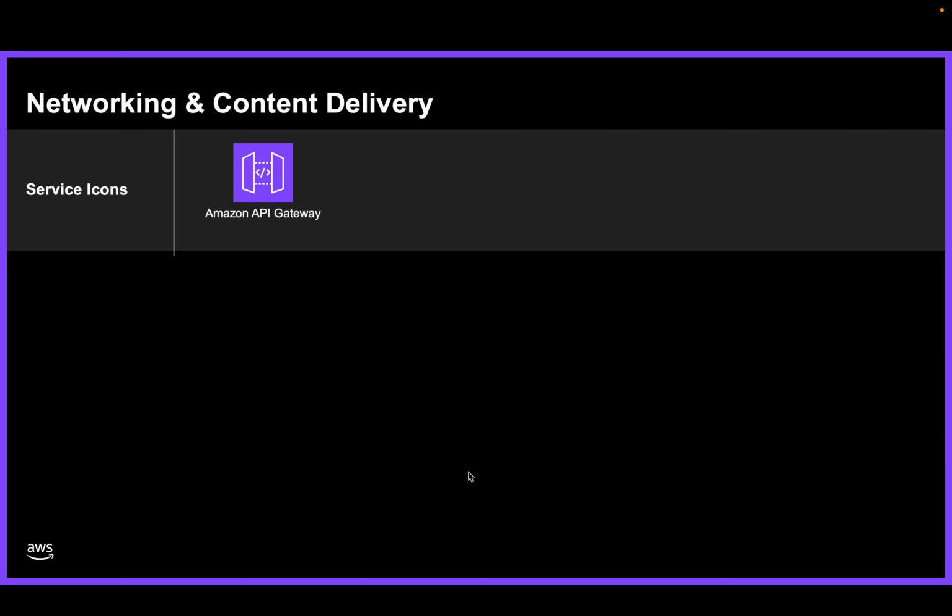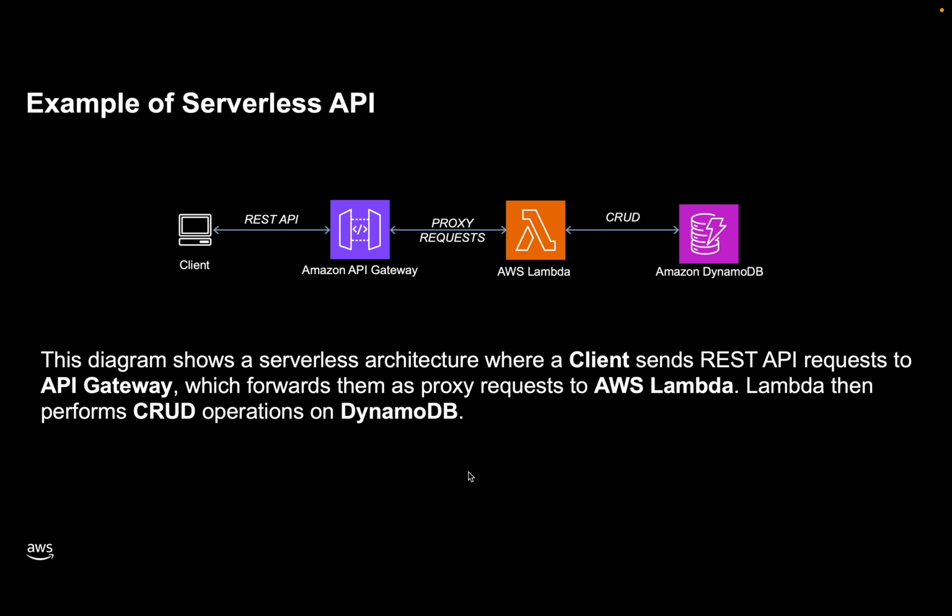Now let's get into API Gateway: what it is, how it works, and what we need to keep in mind regarding it. Let's start with a simple serverless API architecture diagram.